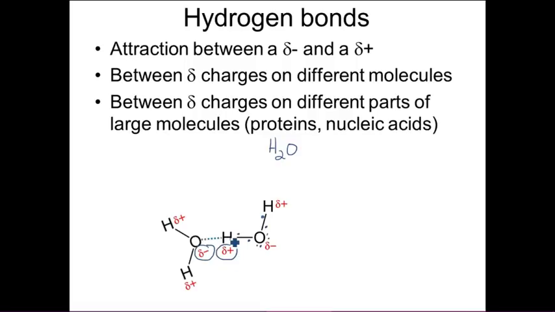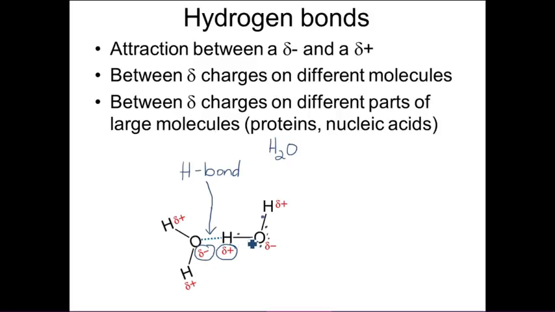Okay? That's what is represented here. That's the hydrogen bond. I often abbreviate hydrogen bond as an H bond. Okay, and that's what that's representing there. We always represent hydrogen bonds with a dotted line, a dashed line, to differentiate them from a covalent bond.